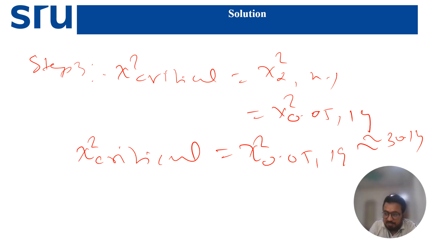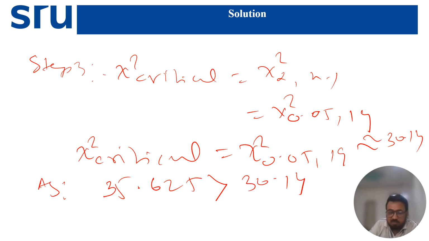So we can see that 35.625 is greater than 30.14. That is, the chi-square calculated value is greater than the chi-square critical value.